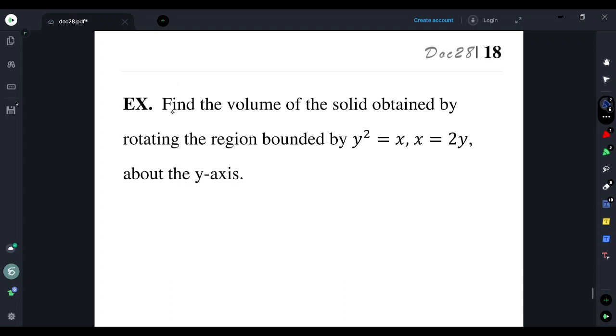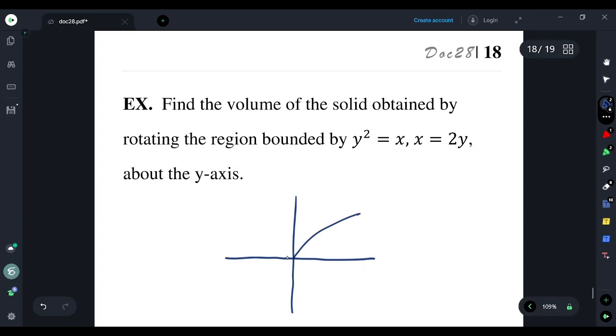Another example: we're going to find the volume of the solid obtained by rotating the region bounded by y squared equal to x equal to 2y about the y-axis. Okay, so first we sketch the region. x equal to y squared is a parabola opening to the right, and x equal to 2y is a straight line passing through the origin, right?